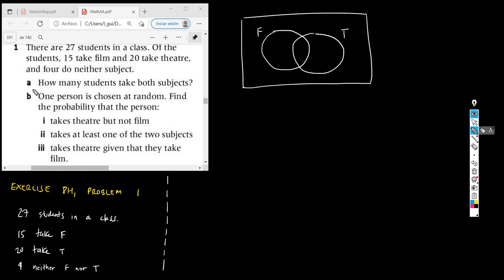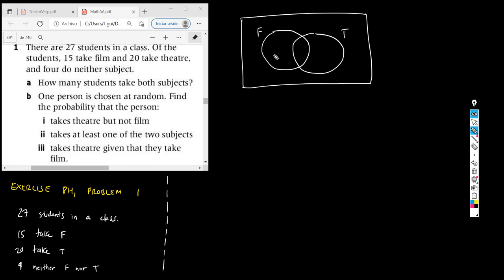And then I'm asked a series of questions. Okay, the first thing I did, guys, was drawing the Venn diagram for this situation. This is the Venn diagram. All the rectangle represents all the class, all the students in this class. So I know that inside this rectangle I have 27 students. Okay, so what does this circle mean?